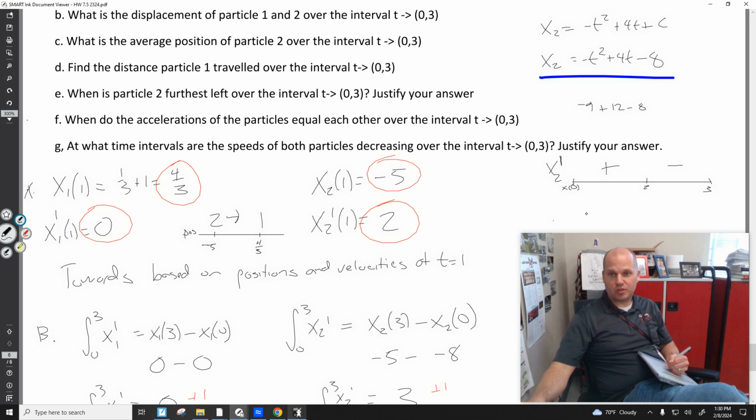Well, let's find your position so that we understand your displacements, but we don't really need the displacements because you have your candidates right here. It's 0, 2, and 3. Your endpoints are when your derivative equals 0. Unfortunately, it says furthest left, so whatever.